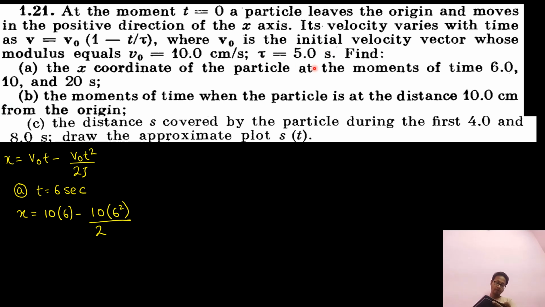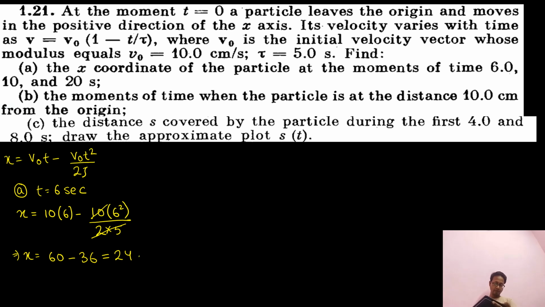The value of tau is 5 seconds. So 2 into 5, or x is equal to 60 minus 10 into 36. So 60 minus 36 is nothing but 24.